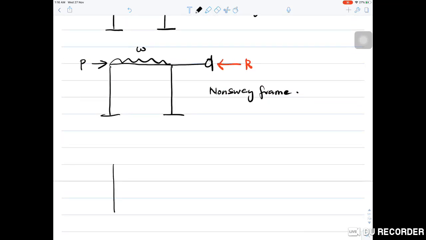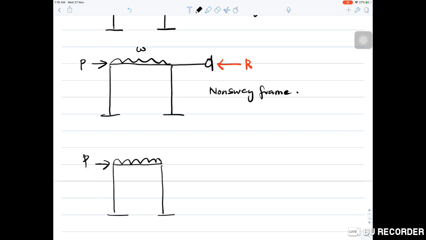So if we have this one, just like this, P like this. Due to this, this is unsymmetrical, right? This is unsymmetrical due to loading. So the frame will sidesway.